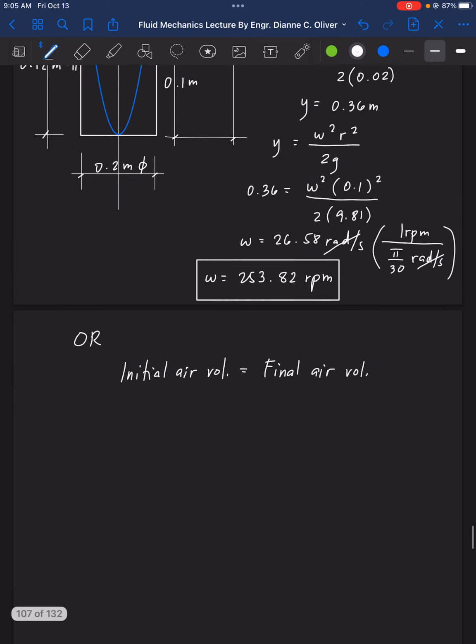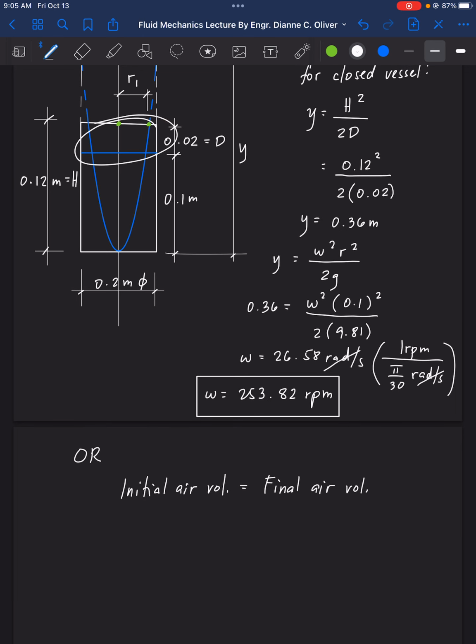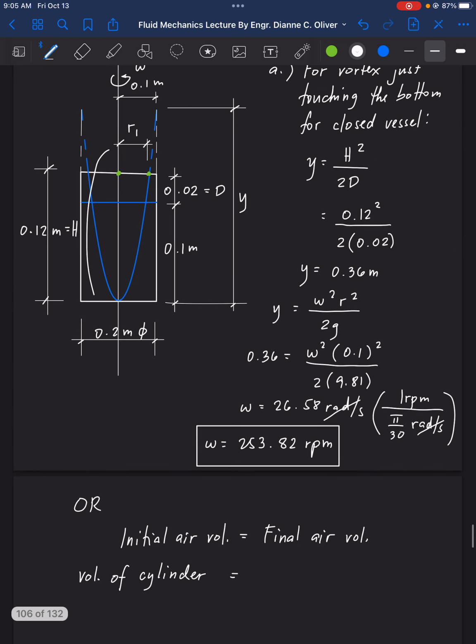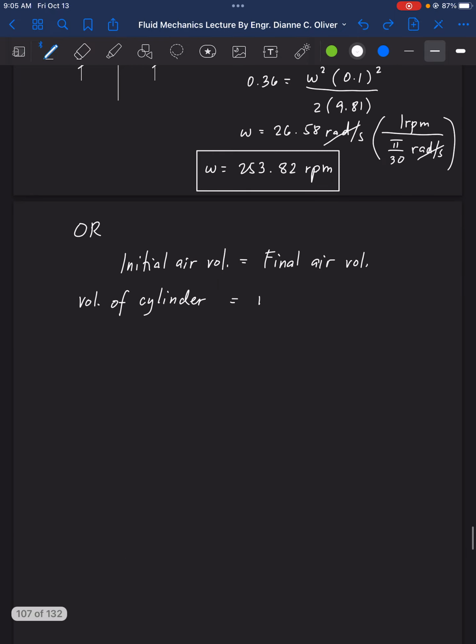The initial air volume will be the volume of the cylinder, and the final air volume is the volume of the paraboloid.